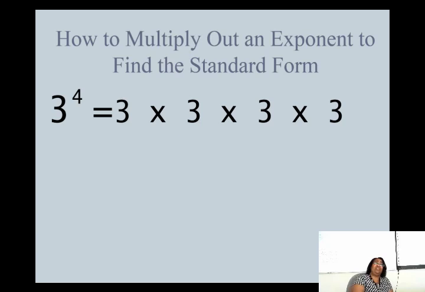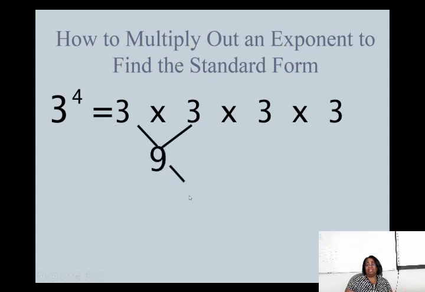Now sometimes when you have these powers, these exponents, I'm going to want you to evaluate them. Just like we did with 3 to the 4th power, and I used a shortcut. Because I know that multiplication is both associative and commutative, I just did 3 times 3 is 9, 3 times 3 is 9, and then 9 times 9 is 81. You don't have to do it that way. You can just go 3 times 3, which is how much?